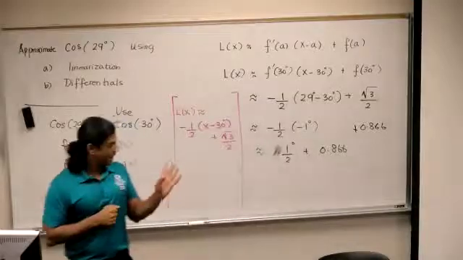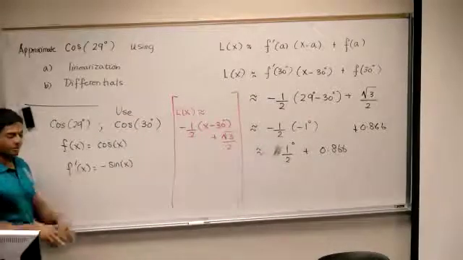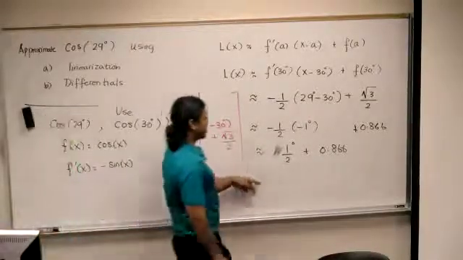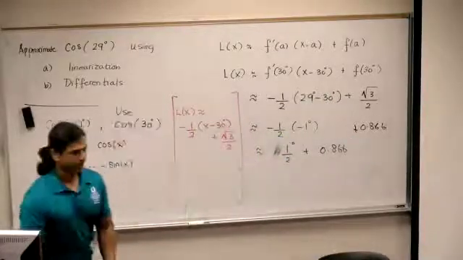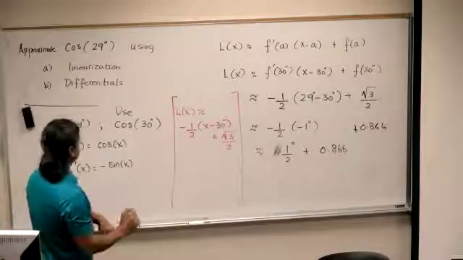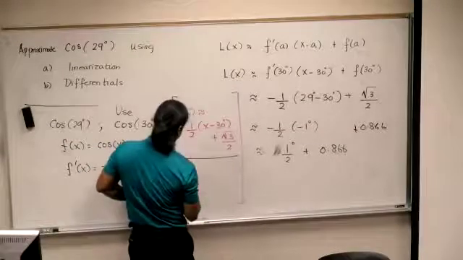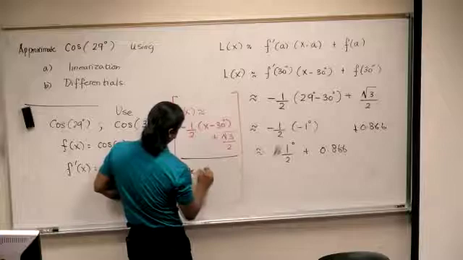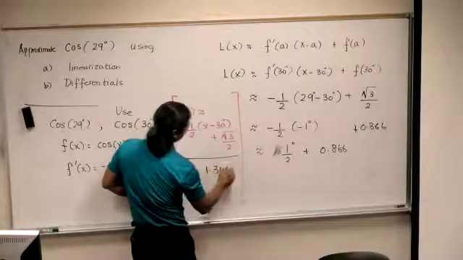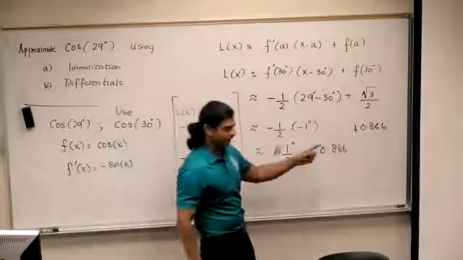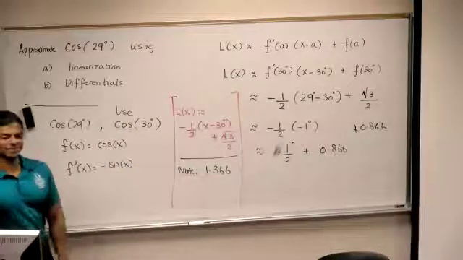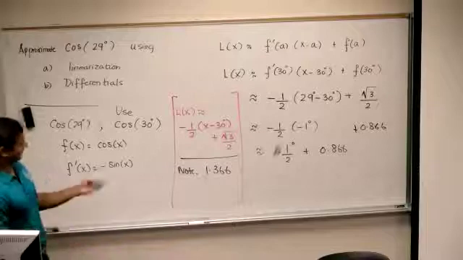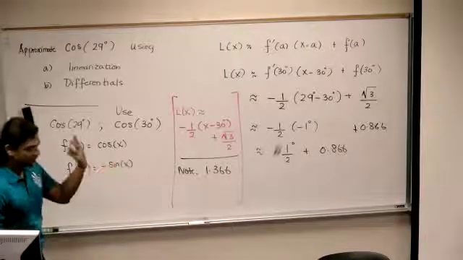And what happened? We were wrong. We were wrong because 1/2 plus 0.866 will be 1.366, because 0.5 plus 0.866. But what we fail to realize is you cannot simply add a degree to a number.